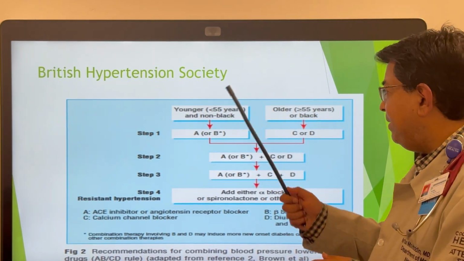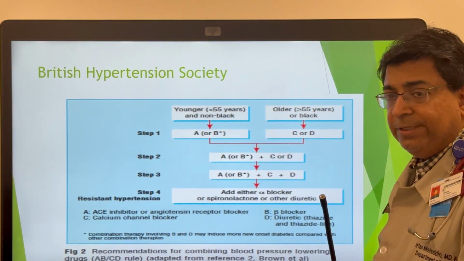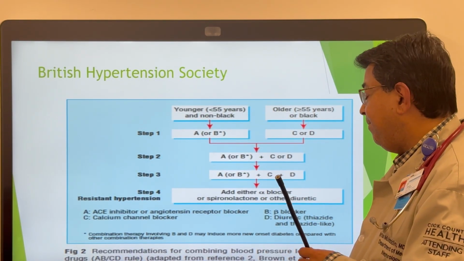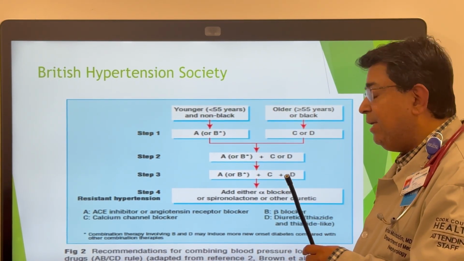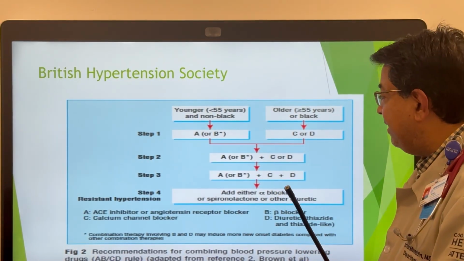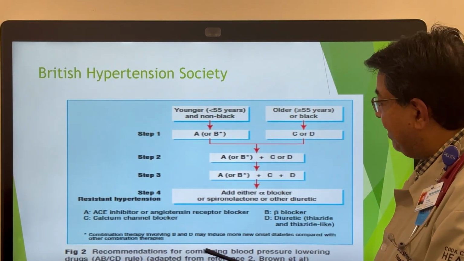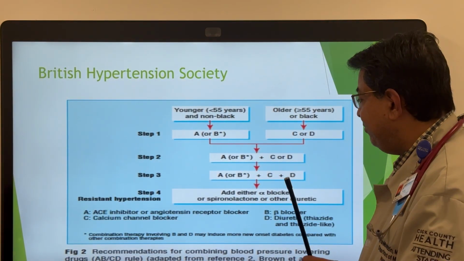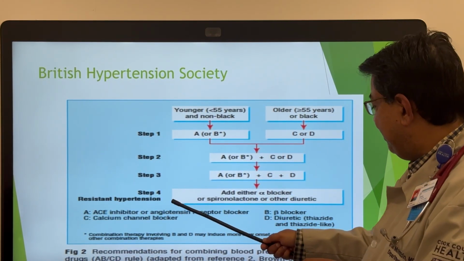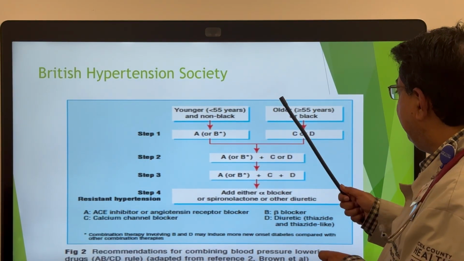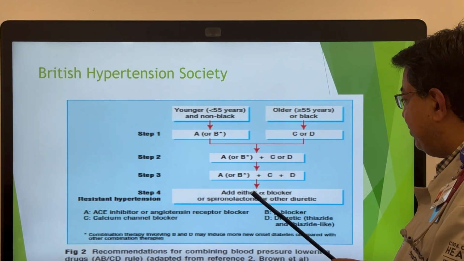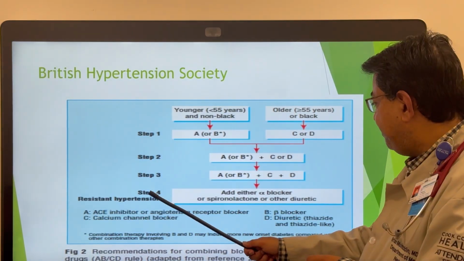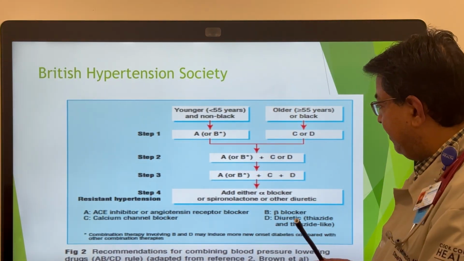And the British Hypertension Society uses this data in low renin hypertension and in age-race subgroups to make the following recommendation: that in younger and non-Black individuals, you should start off with a RAS inhibitor or a beta blocker, and in older or Black individuals, you should start off with a calcium channel blocker or a diuretic.